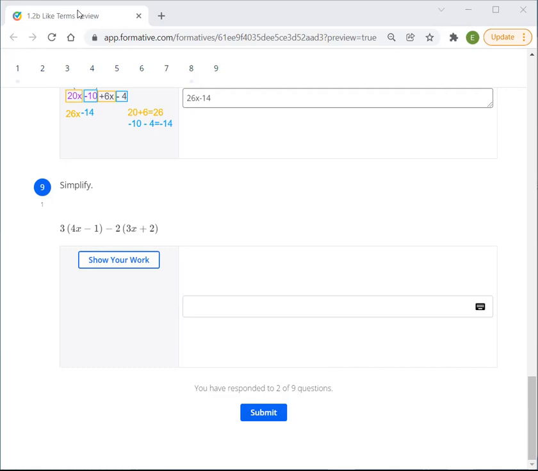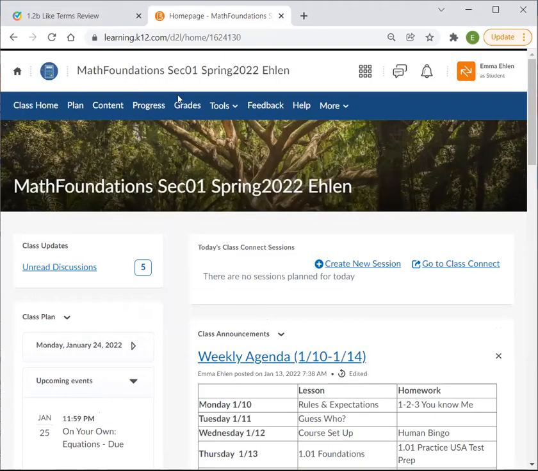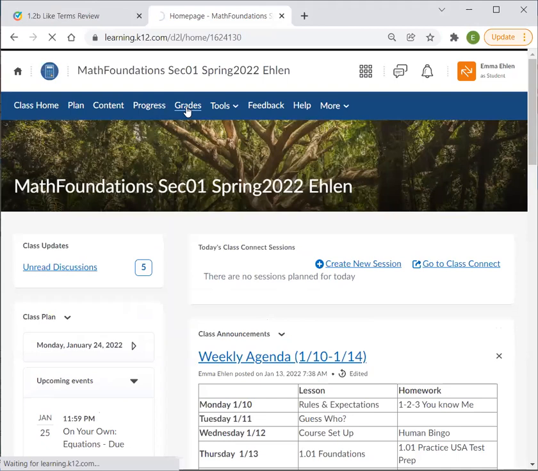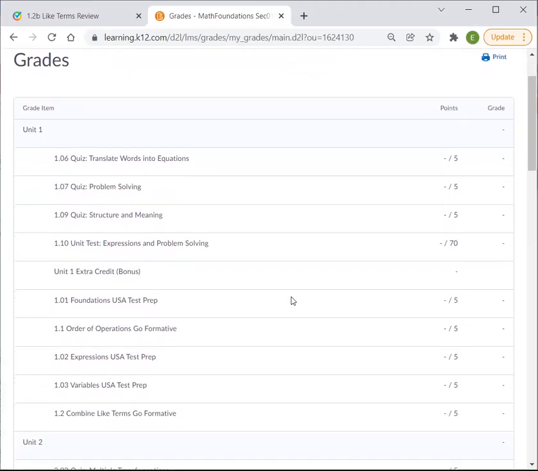So in case you don't know how to do that, I'm going to go ahead and switch over to OHS here so that I can show you. So on OHS, if you click grades, you should see your grades come up, okay?